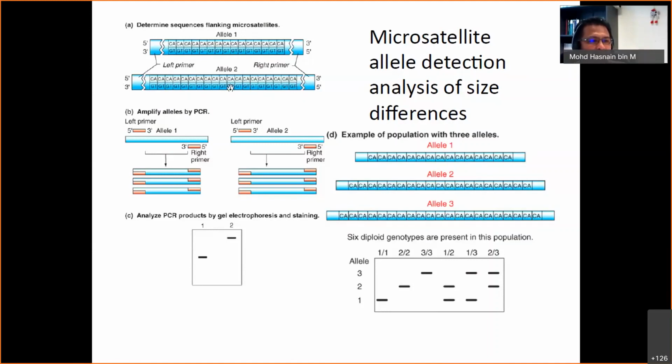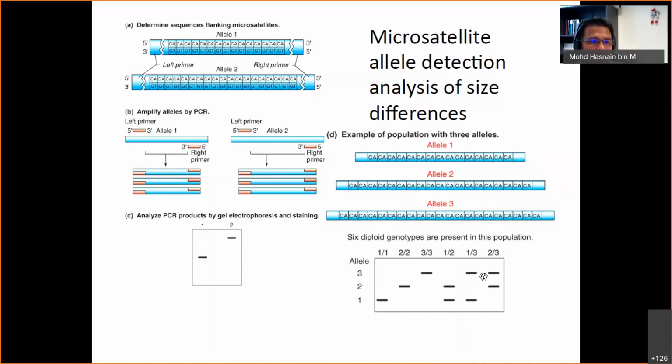So 3 is different from 2 because the number 3 is higher than number 2, right? So when 3 is bigger than 2, when you put it on the electrophoresis, it will migrate slower. So that is why 3 is over here.